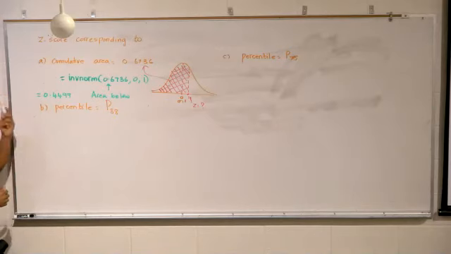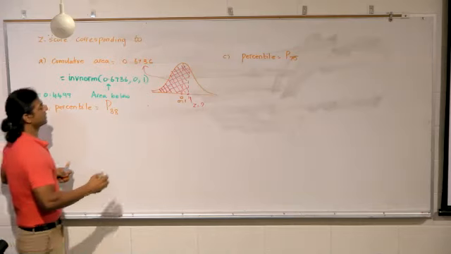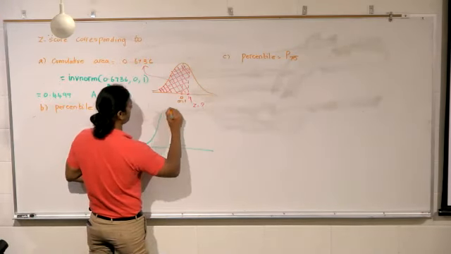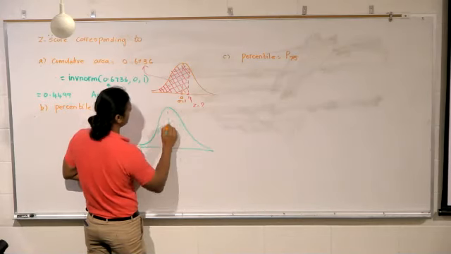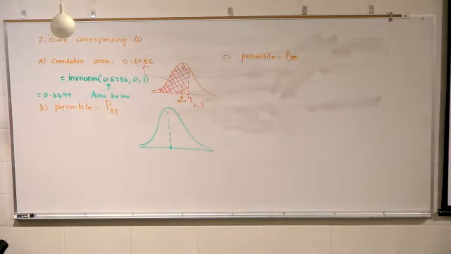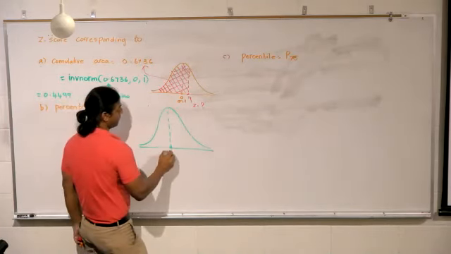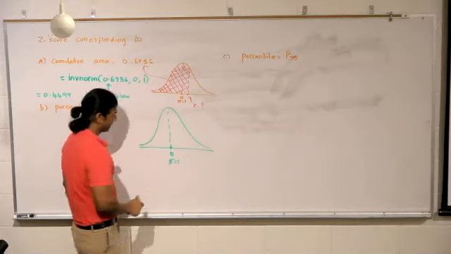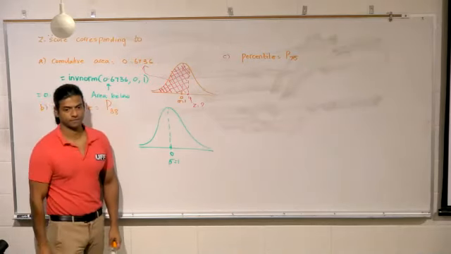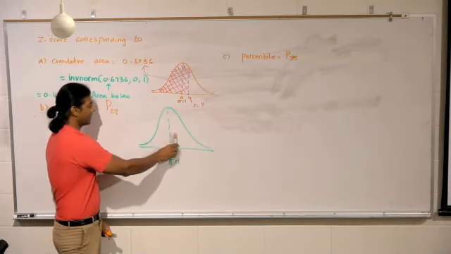The second problem, the percentile is given. We're trying to find P88. So the area below whatever z value that you pick has to be 88 or 88%. So could that value be negative? No. Could it be over there?